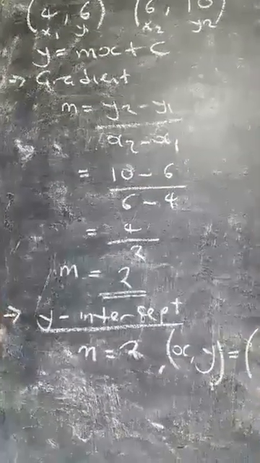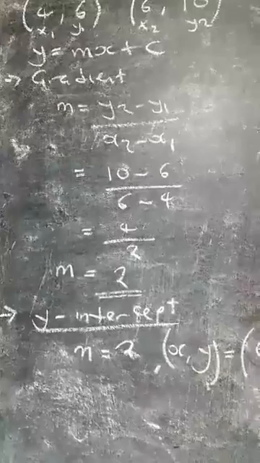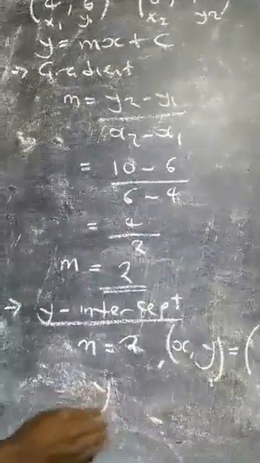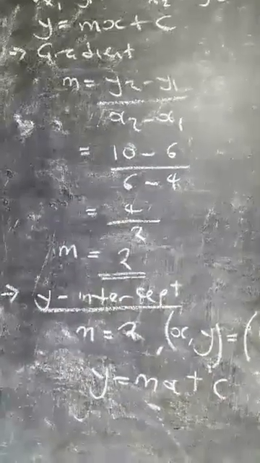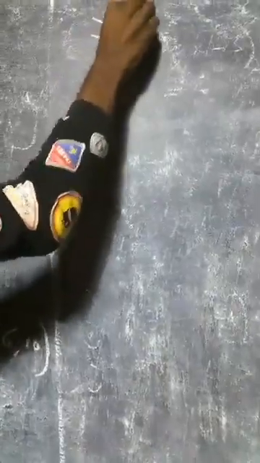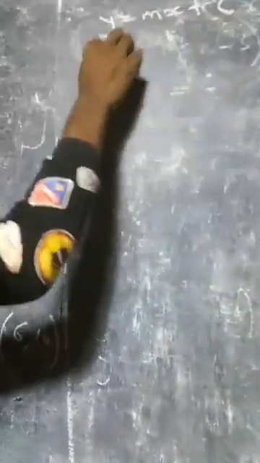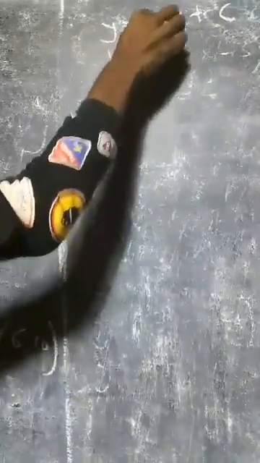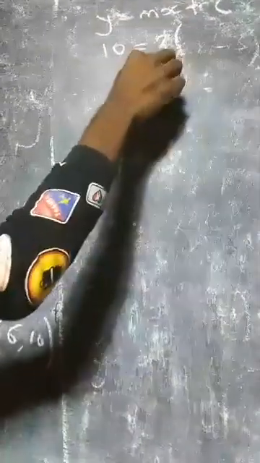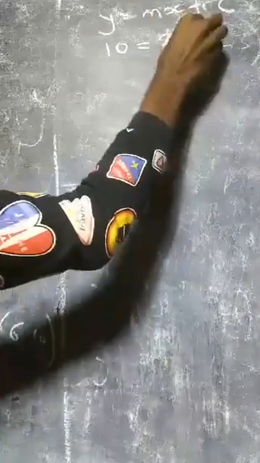So using the formula y is equal to mx plus c, we can now find our c. Finding our c is now easier and straightforward. y is a 10 because it's 6 comma 10. Gradient is a 2 by our x is a 6, plus c.